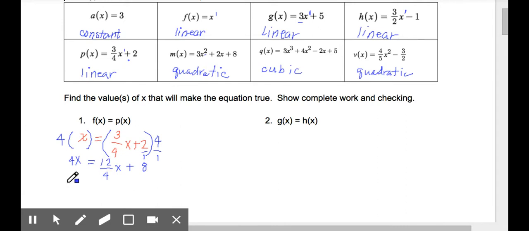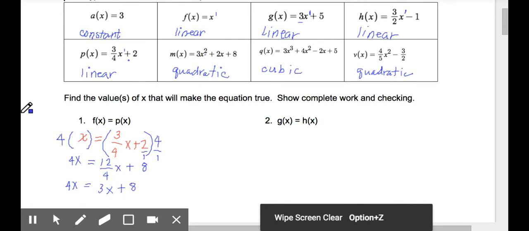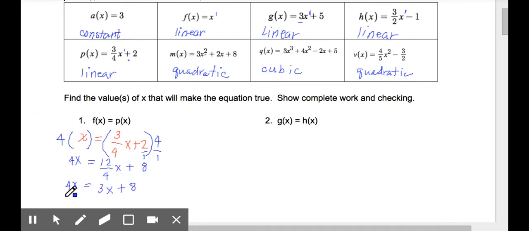We'll have here 4x equals 12 over 4 is 3x plus 8. So now we want the variables to be on the same side, so we will take away 3x from both sides. So minus 3x from the left and minus 3x from the right.